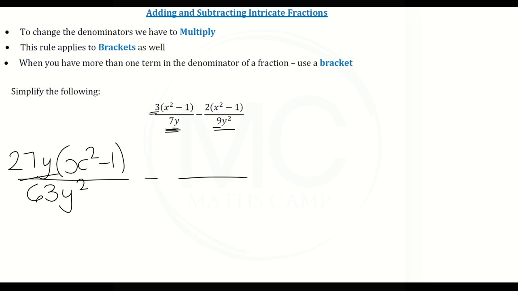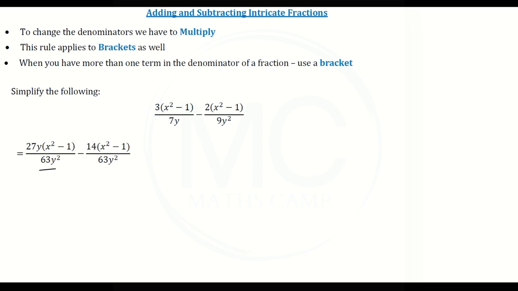On this side, we're going to have the common denominator of 63y squared. We already have a y squared here, so we don't have to multiply anything by y. But to get from 9 to 63, we had to multiply by 7. So we multiply 2 by 7, and we get 14. And then again, we put in our bracket of x squared minus 1.